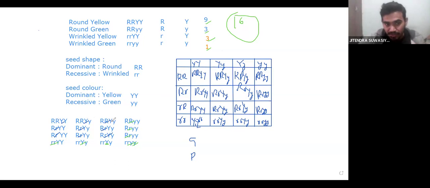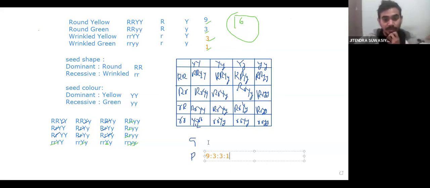Then again the round yellow, round yellow. So like that, the phenotypic ratio was 9 is to 3 is to 3 is to 1. So in the phenotypic ratio, what have we found? We have found 9 ratio 3 ratio 3 ratio 1.